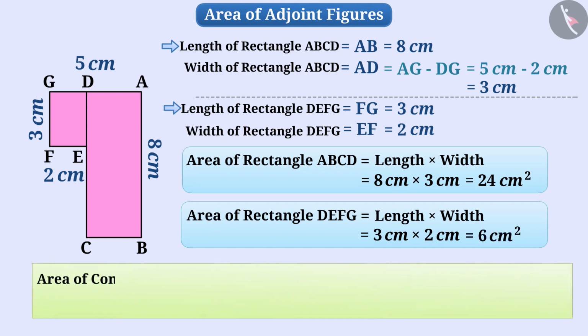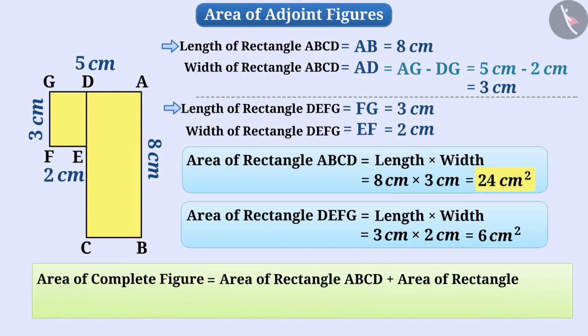Therefore, the area of the complete figure will be the area of rectangle ABCD plus the area of rectangle DEFG, which is equal to 24 cm square plus 6 cm square, which is equal to 30 cm square.